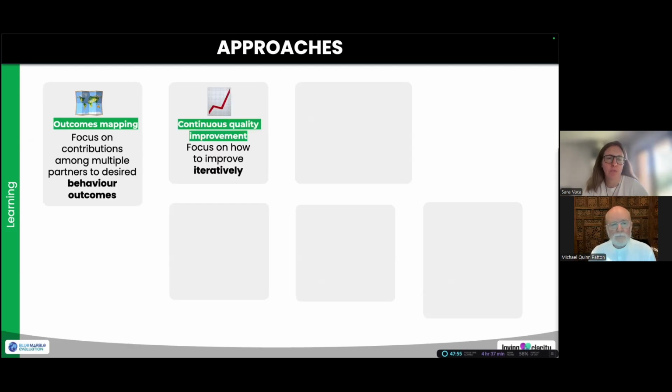Mm-hmm. Then we have continuous quality improvement. I've never used this as an evaluation approach. It really comes out of the private sector, where it has long-standing in manufacturing been looking at how to improve effectiveness and efficiency in particular of a process.